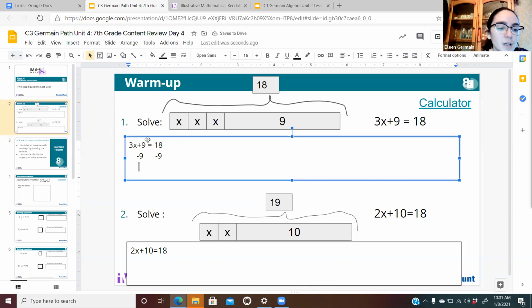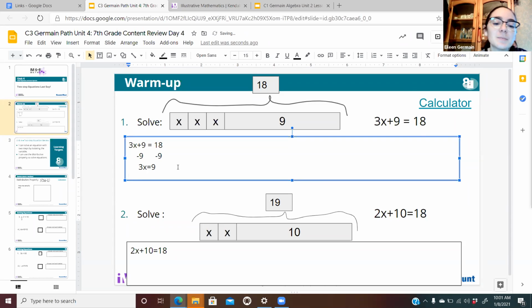This side, these cancel out. I'm left with very good, 3x, plus 0, which we can just write as 3x, is equal to 18 minus 9, which is 9. Nice job. There is a calculator here for you to help you with the work if you need it.